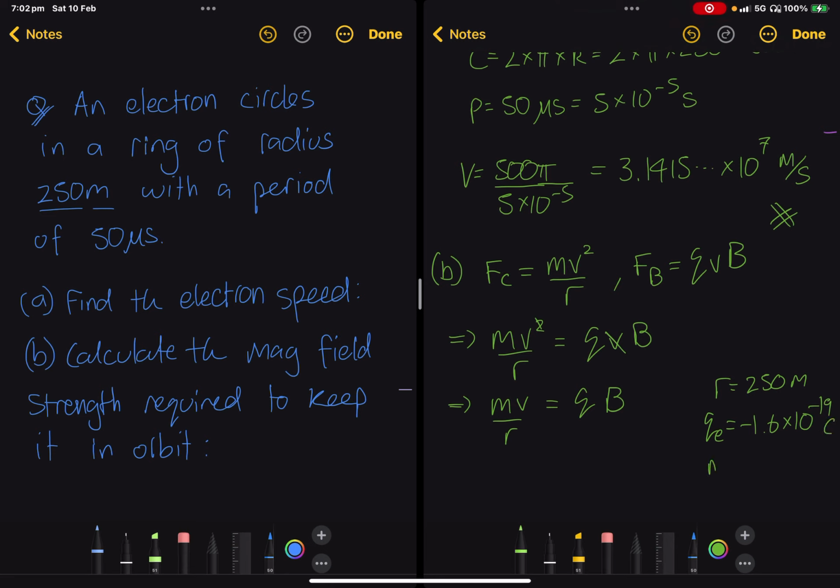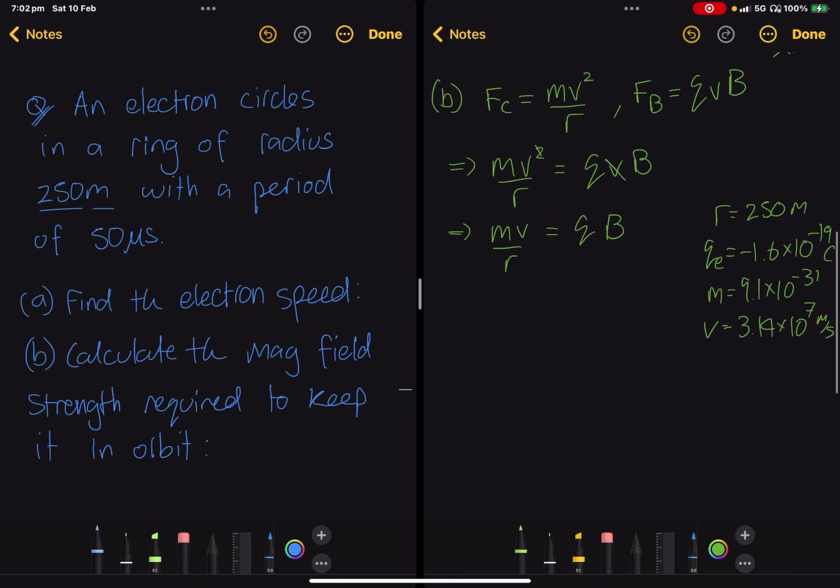We know the mass of an electron is about 9.1 times 10 to the minus 31 kilograms. We've just calculated the velocity. We said the velocity is about 3.14 times 10 to the 7 meters per second. The only thing we're missing is the field strength.